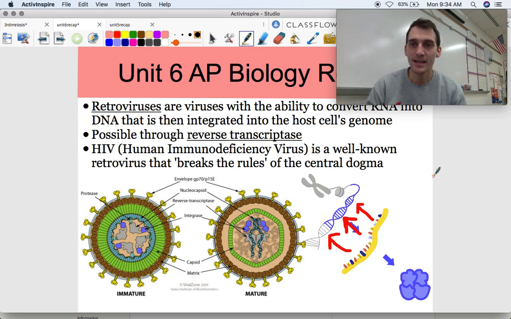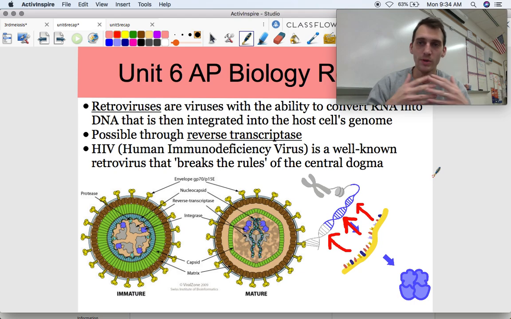And this is why: the initial virus that infected that person integrated its genome, its genes, into that person's cells, into that person's genome, into that person's DNA. So that sticks with them for the rest of their lives. Now, this is a big deal. Like 40 years ago, in the 1980s, HIV and AIDS, and it still is a big deal. Don't get me wrong. Do not get me wrong. It is still a big deal.